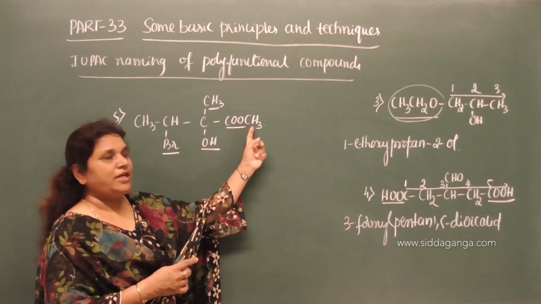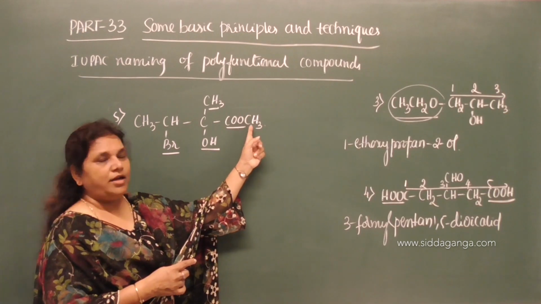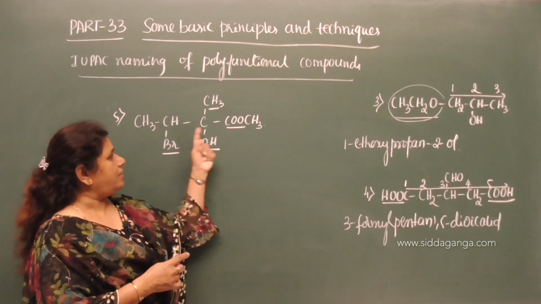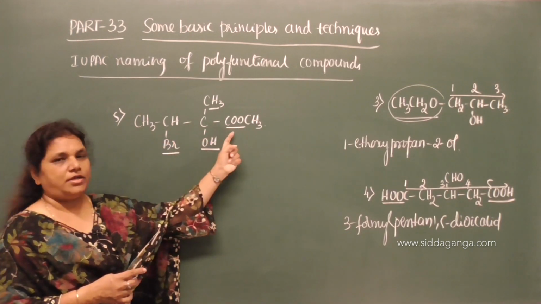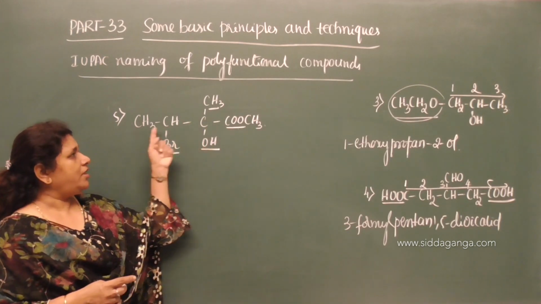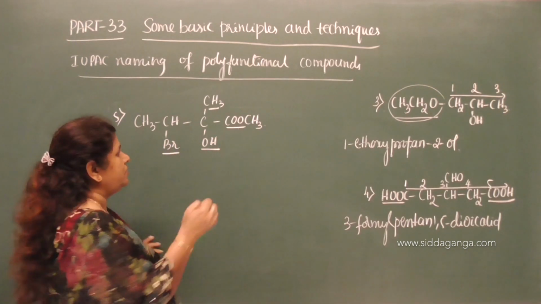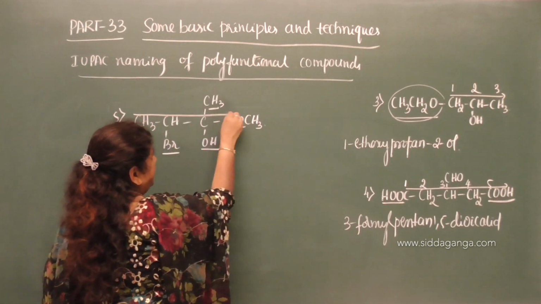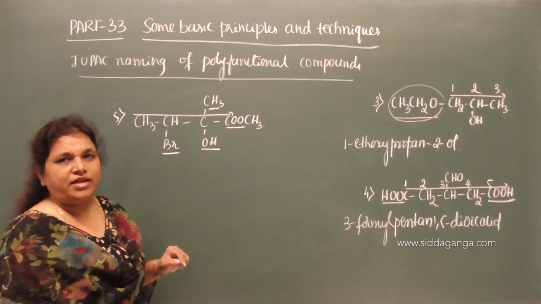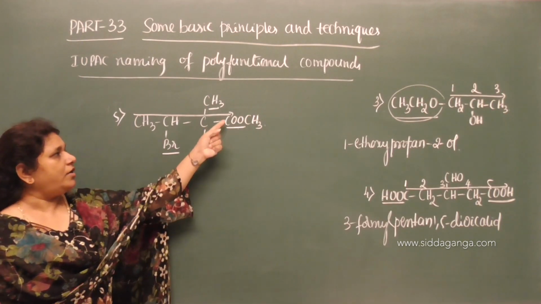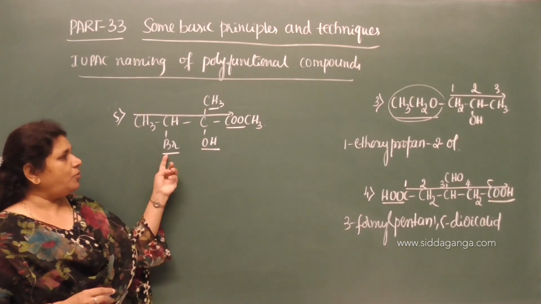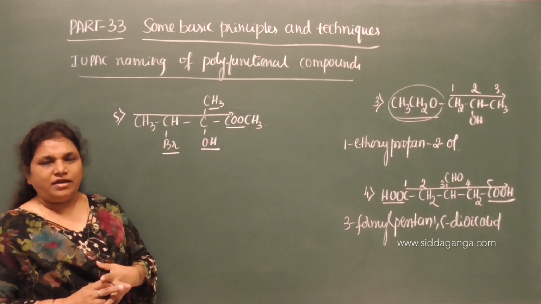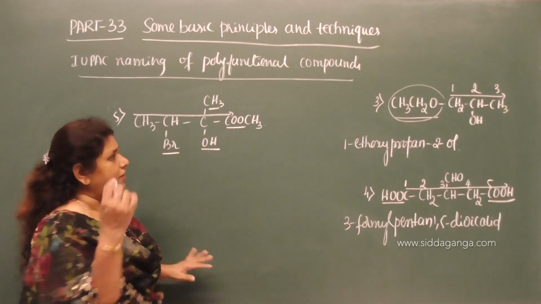Therefore, after COO the methyl group is there. Therefore, alkyl alkanoate. This chain becomes the alkanoate, and we need to give the number for this chain. So this is the selected chain in the alkanoate, and the alkanoate gets substituted with three substituents: bromo, hydroxy and methyl. We need to give the position for this.